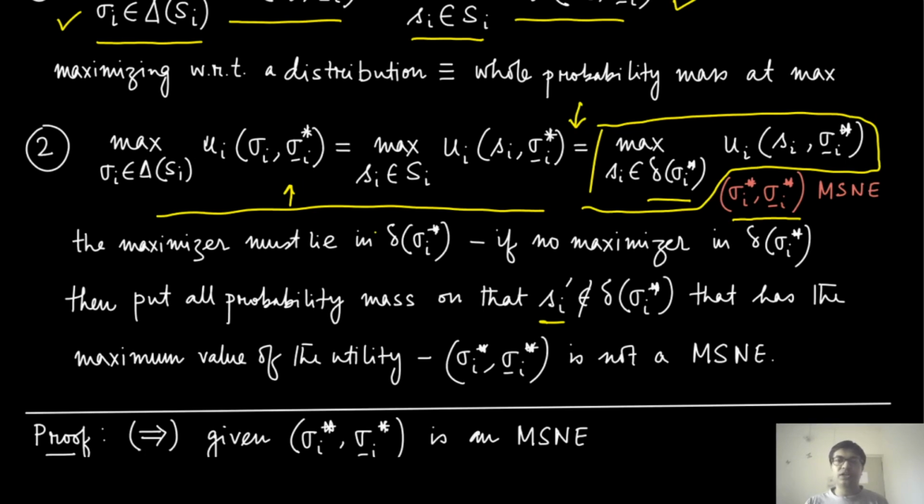That will be a new candidate mixed strategy for player i, and that is clearly going to give a larger expected utility for that player. But that contradicts the fact that sigma i star, sigma minus i star is a mixed strategy Nash equilibrium, since you have found a strategy for player i where unilateral deviation is beneficial. That cannot happen, so this equality must hold. These are the two things that we will be using for the rest of the proof. So let us begin the proof.